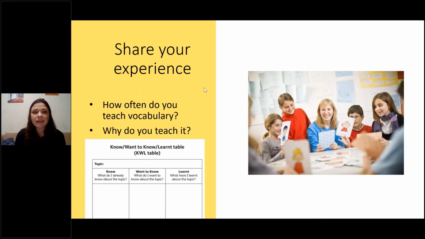Revise every lesson. So every lesson is when we teach the vocabulary, and actually, that is one of the most important parts. It's very difficult to speak if you don't know the words.